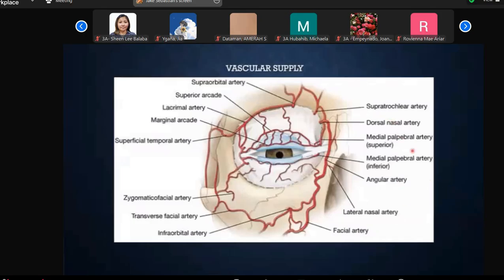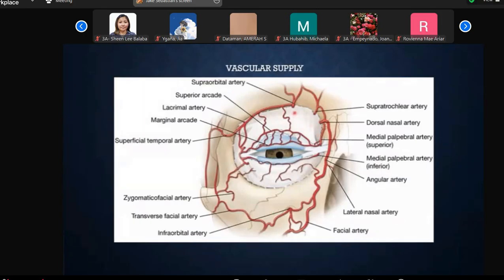So in summary, the blood supply of the eyelids arises from two systems. So the first one is the facial system supplied by the external carotid, the one I told you. So these are the terminal branches, the superficial temporal and the angular artery. Then the second source is the orbital system, which is supplied by the internal carotid artery to the ophthalmic artery and its branches.